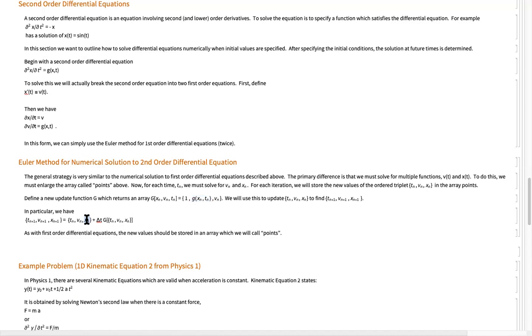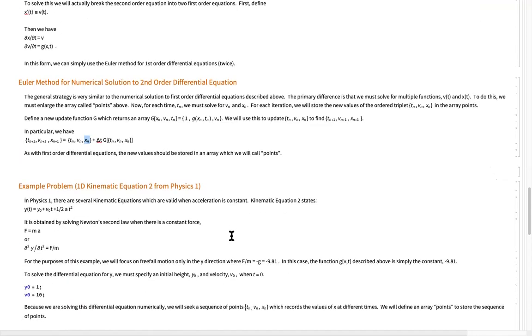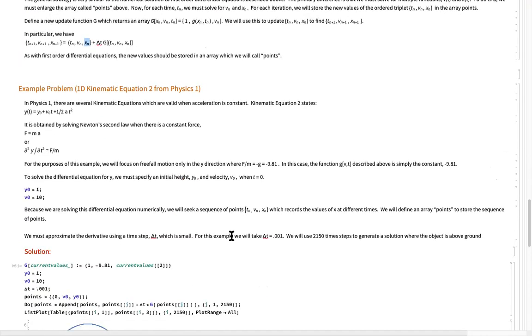And finally, for x, I'm going to have the new value of x equals the old value of x plus delta t times the velocity evaluated at the old point. So that's how it's going to work. And then we just iterate it over and over to find the list of all points.